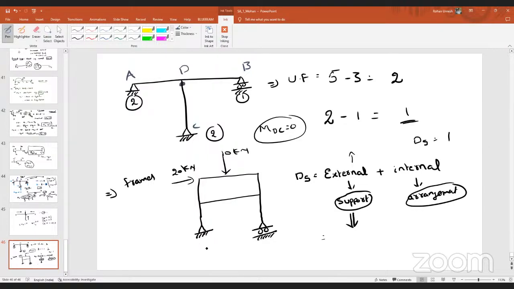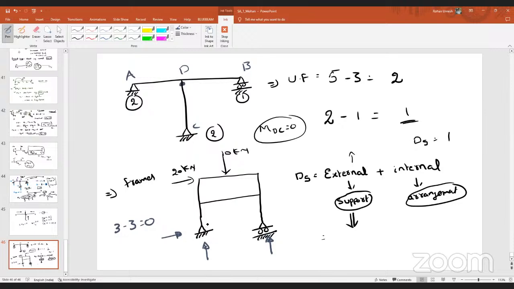How many unknowns will exist here? 2 here and 1 here, totally 3. So how many equilibrium equations? 3. That means these 3 can be solved, isn't it?